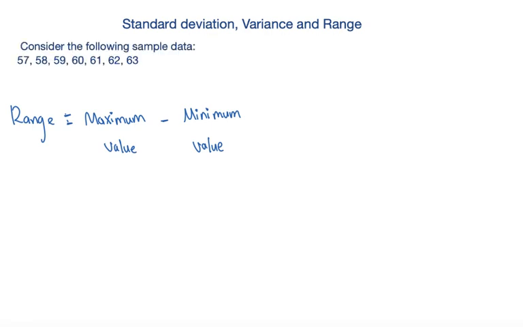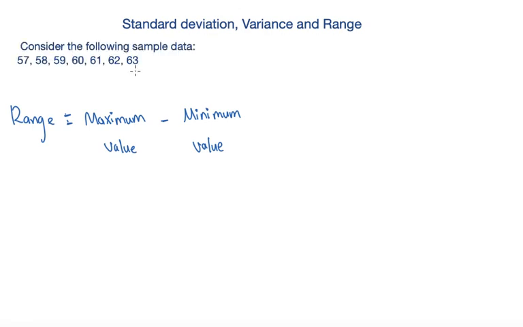Now let's move on to the final part of this video, which is the range. The range is the difference between the highest and the lowest value. So it is the maximum value minus the minimum value. So let's have our example back.